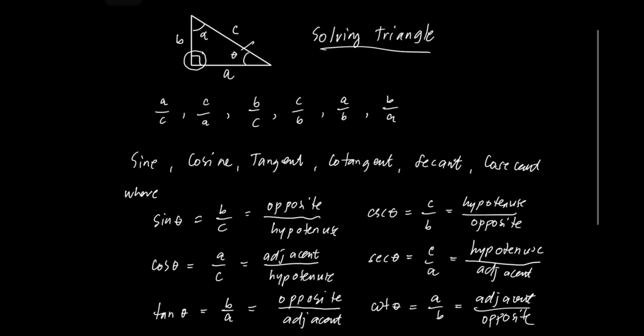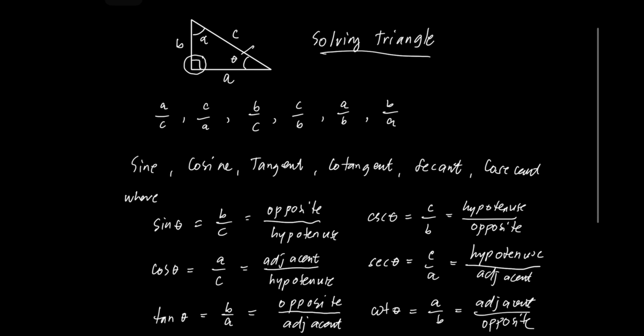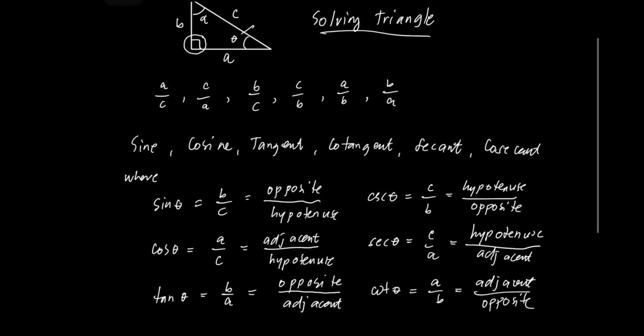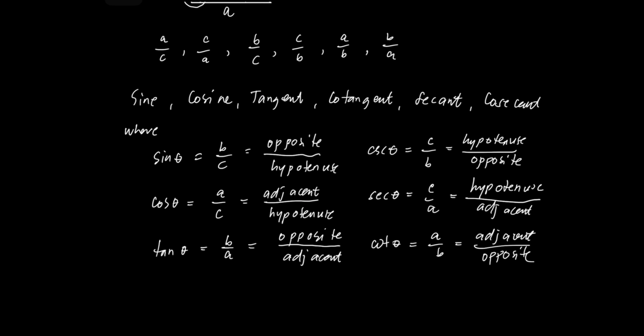Of course, if we consider the alpha, the opposite side will change, but the hypotenuse will stay the same, and the adjacent side will also change. If our angle to consider is alpha, the opposite side is A and the adjacent side is B, but the hypotenuse will remain C. Okay, but we can follow the same definition.